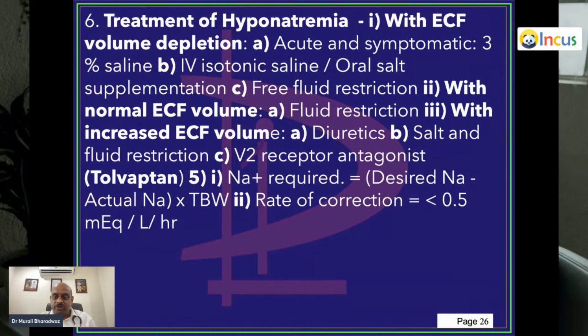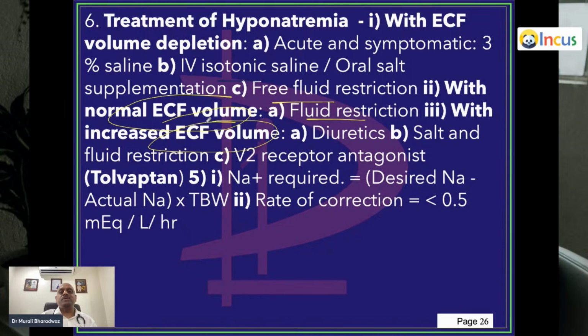So how do we treat hyponatremia? It is a very important question. Whenever ECF volume is depleted, you give isotonic saline and also free fluid restriction. Whenever normal ECF volume is there, then you do fluid restriction.